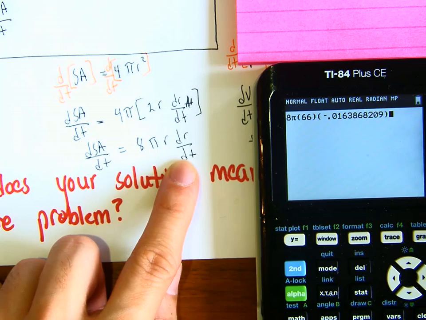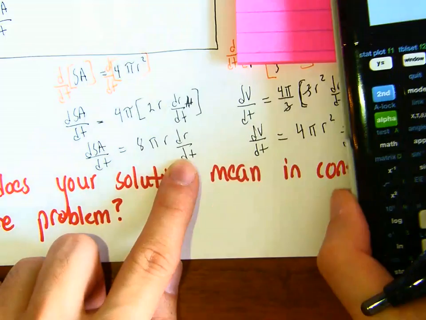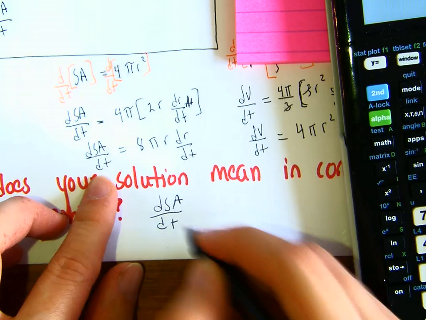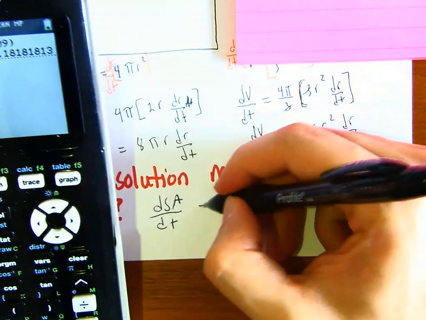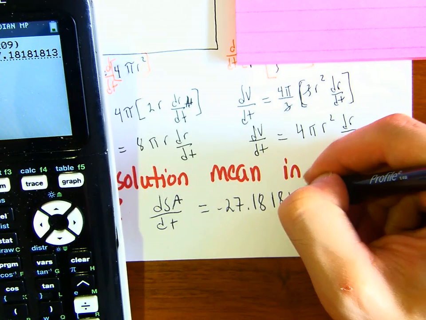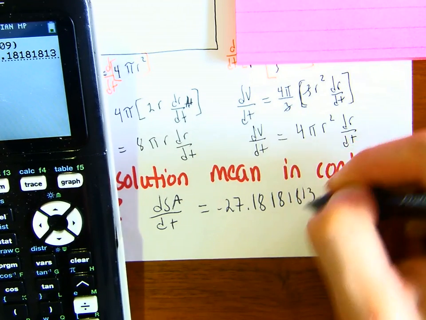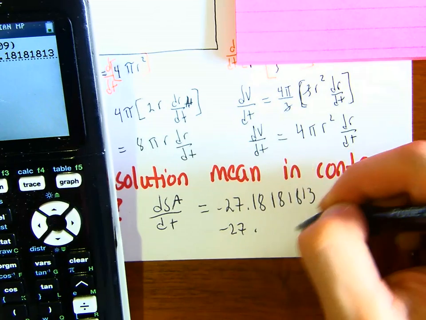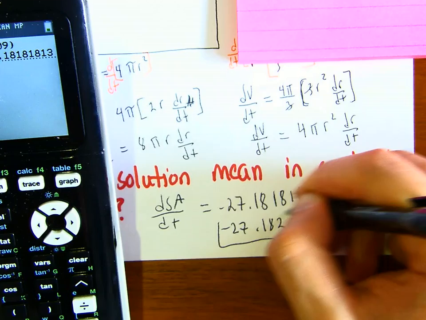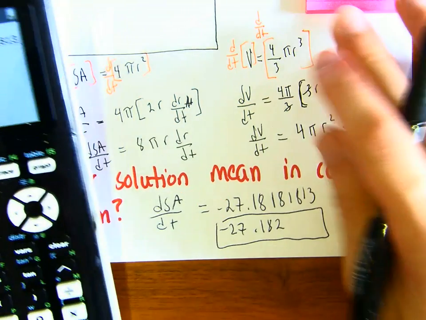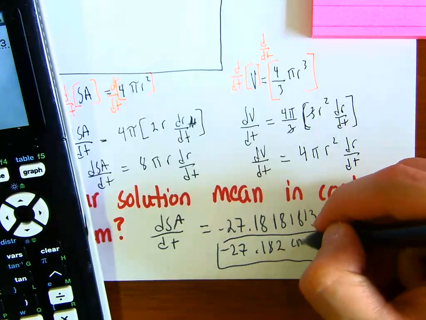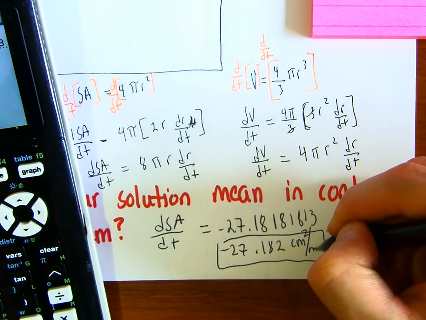0.0163868209. And now we have that d capital SA dt, the rate of change of the surface area, is equal to negative 27.18181813, which rounds to negative 27.182. And the units will be centimeters squared per minute.